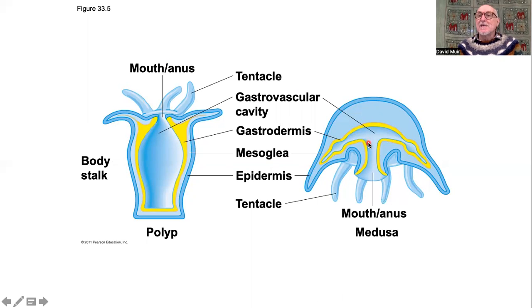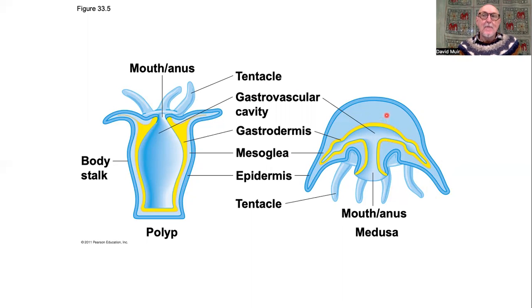The medusa is really like an upside down polyp that is free in the water. It is suspended in the water column and is motile, usually by pulsing water in and out of the bell underneath here. So those are the two basic body forms.